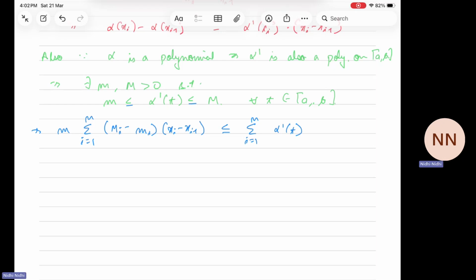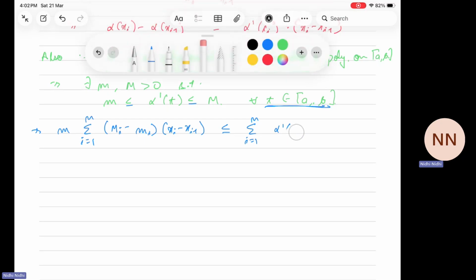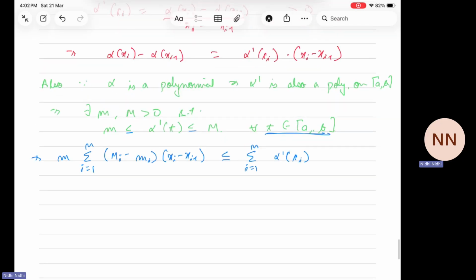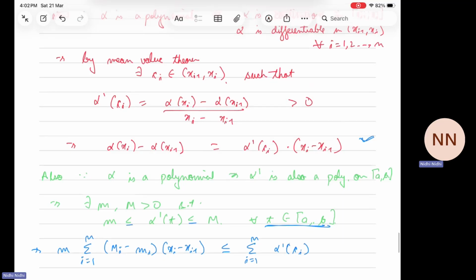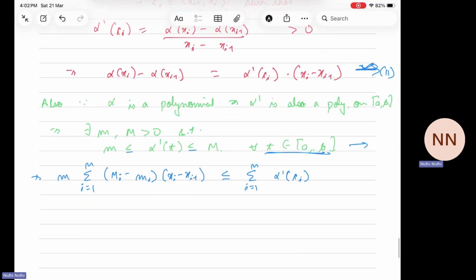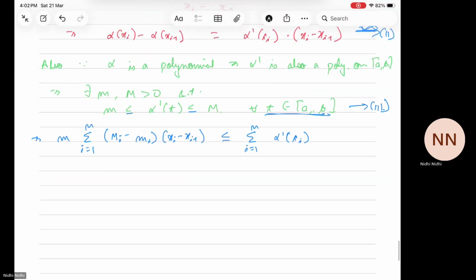Or instead, because this happens for all t, I can take specifically this t to be c_i, the c_i that we got using the mean value theorem. Let me mark this as equation 2 and this one as 3. (M_i minus m_i)(x_i minus x_{i-1}). This we got by equation 3.